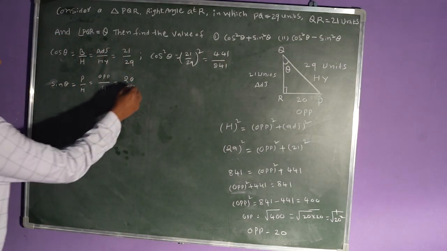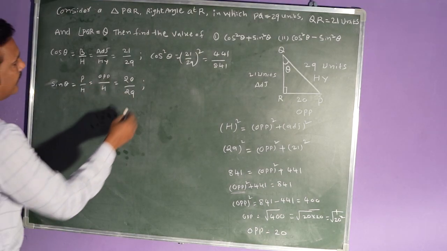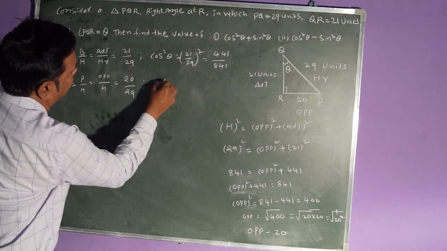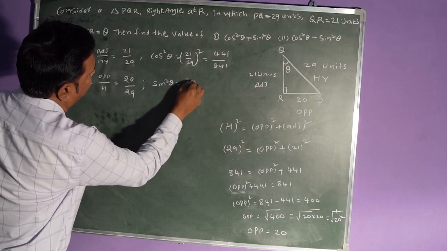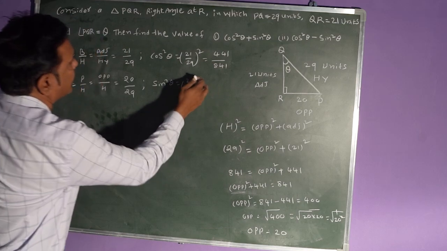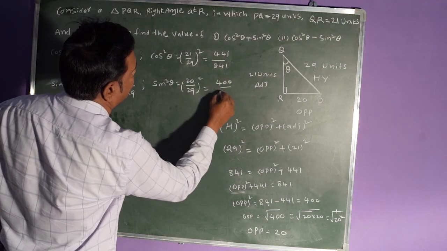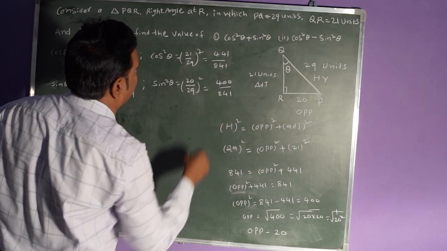Okay. Next, sin theta is equal to 20 by 29. Then sin square theta is equal to 20 by 29 whole square. 20 whole square means 400 and 29 whole square means 841.